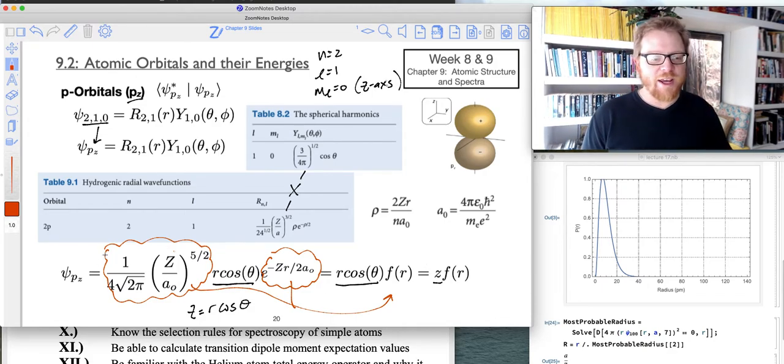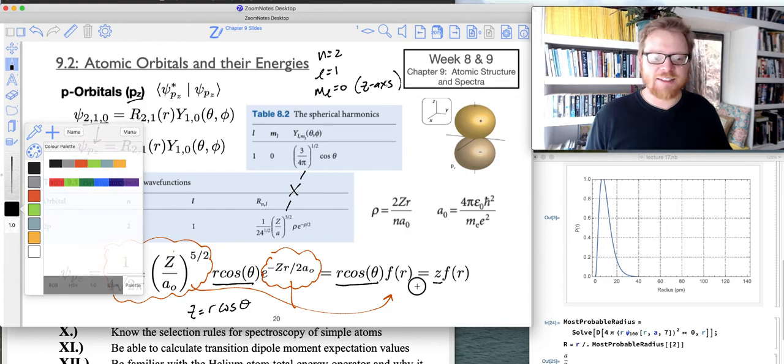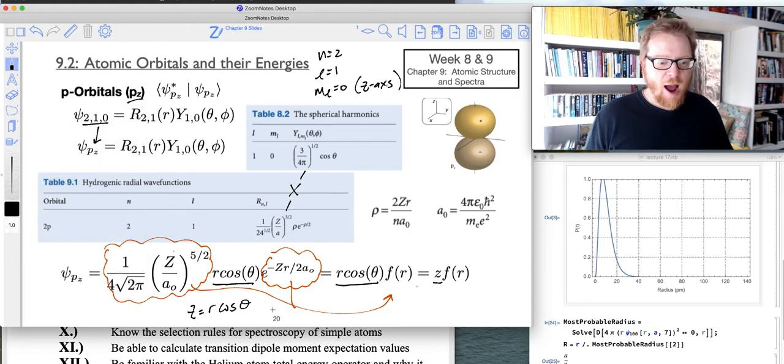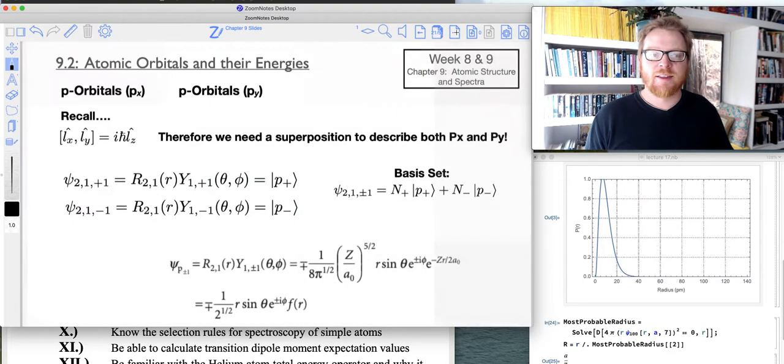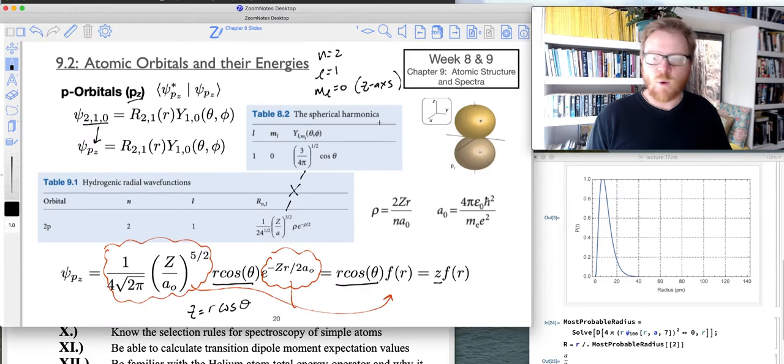And so we could write a shorthand notation for our psi PZ as literally z times some function in r, which is really cool, okay? And as it turns out, if we were to do psi star psi of PZ, we would directly get the PZ orbital, which is really cool.